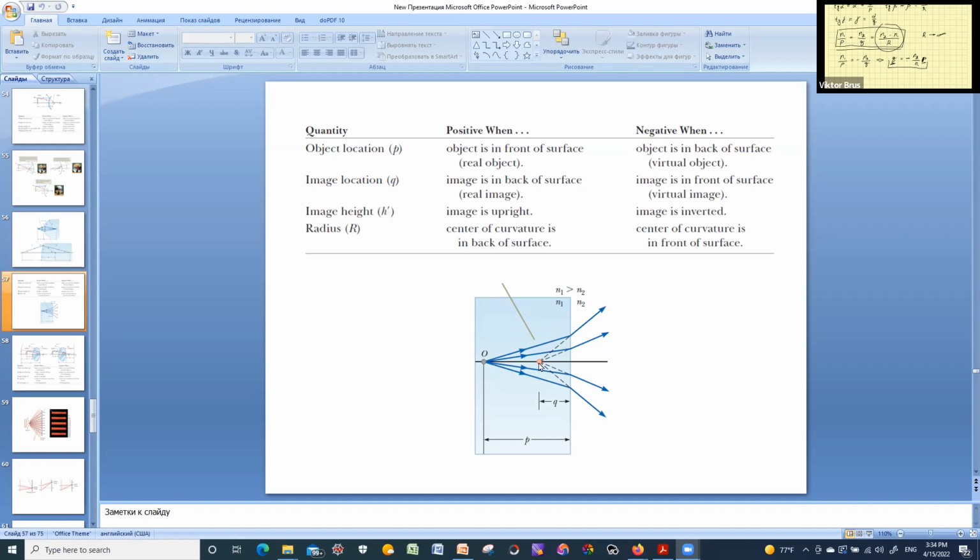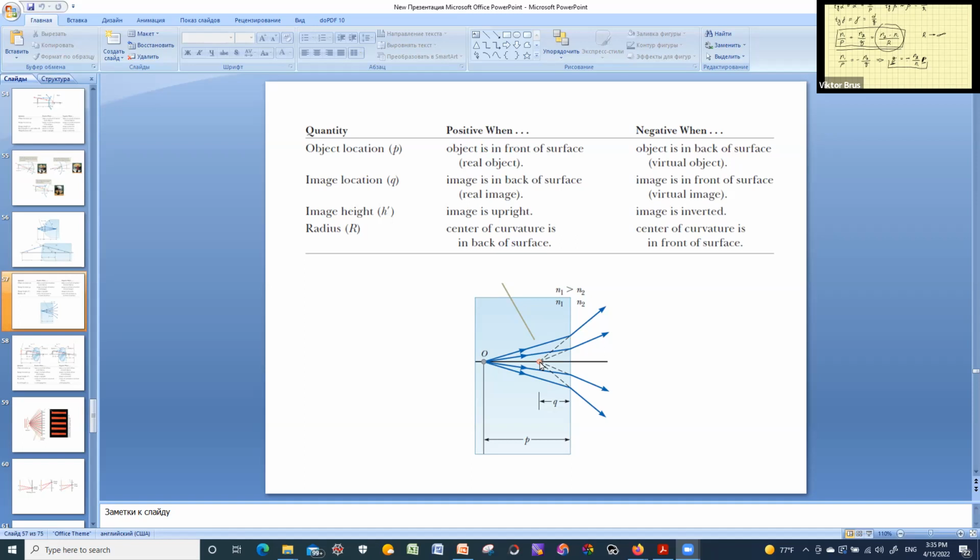The actual position of the image can vary. It will depend on the ratio between n2 and n1. It can be closer to the interface, as shown here. It can also be further from the interface than the object, if the ratio between n2 and n1 is more favorable for that condition.